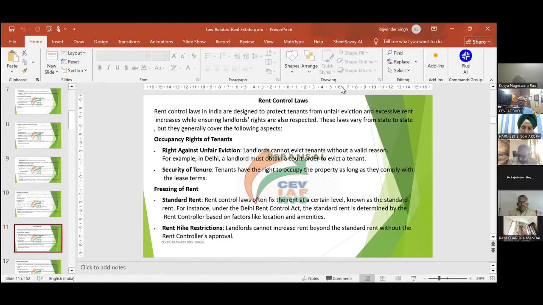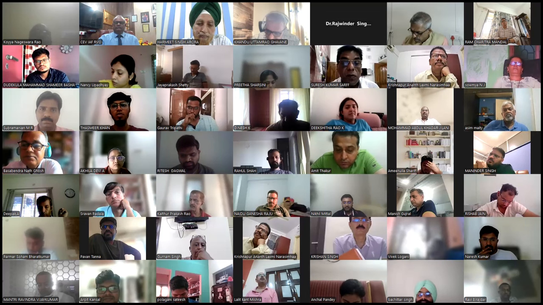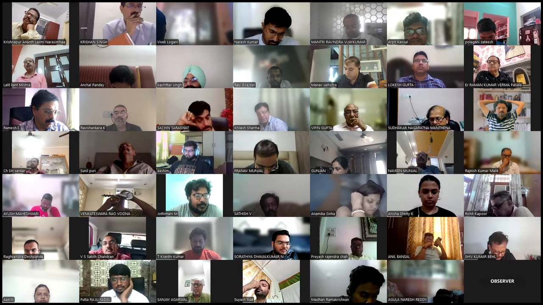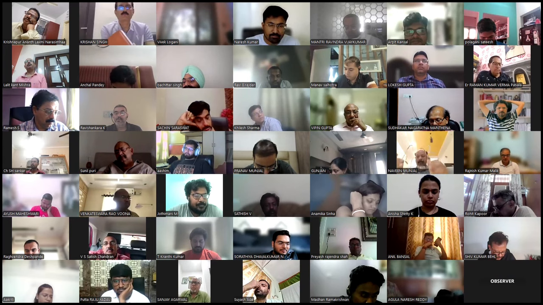The Rent Control Act of the state explains the procedures for calculating the standard rent, how the standard rent is to be calculated. It is based upon the value of the land and value of the building, a certain percentage of the value of the land and a certain percentage on the value of the building. It depends upon various factors such as locations, amenities provided, and other things.